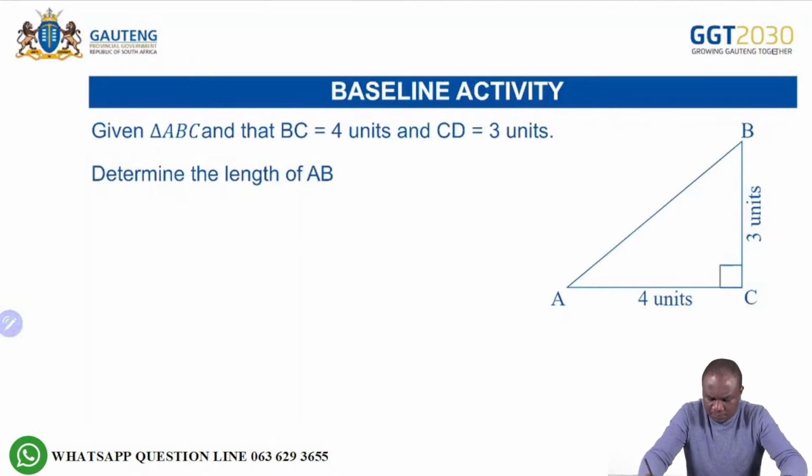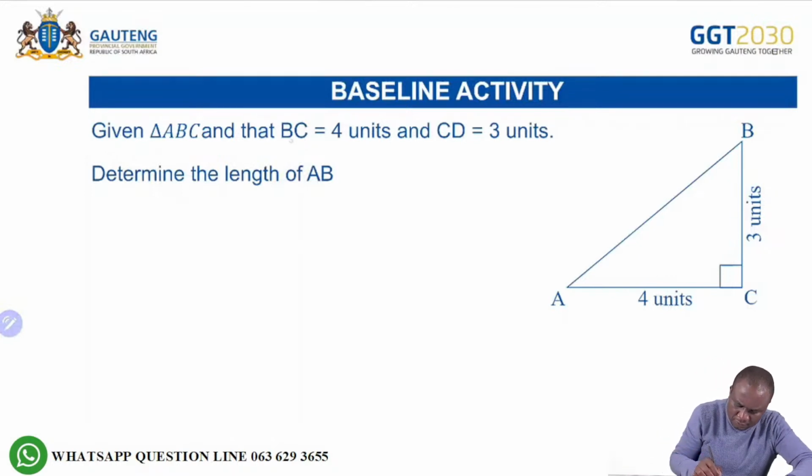Okay, right. Let's do our baseline activity. Given triangle ABC, usually we name anti-clockwise ABC. Don't worry about the vertices there. I did that on purpose. Right, given the triangle ABC and that BC is 4 units, it should be AC, not BC, right?